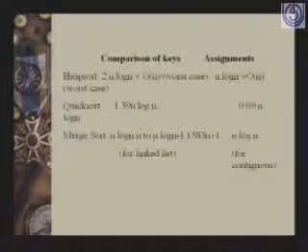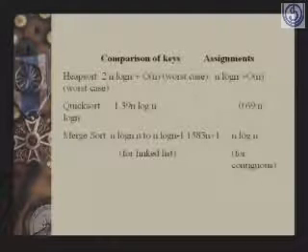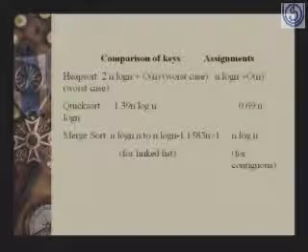Next is Heapsort. Heapsort takes 2n log n plus order of n in the worst case, which is not a very bad number as compared to n square. However, the number of assignments is also of the order n log n. Quicksort takes 1.39 n log n comparisons of keys and 0.69 n log n assignments. You can see quick sort makes very few assignments.